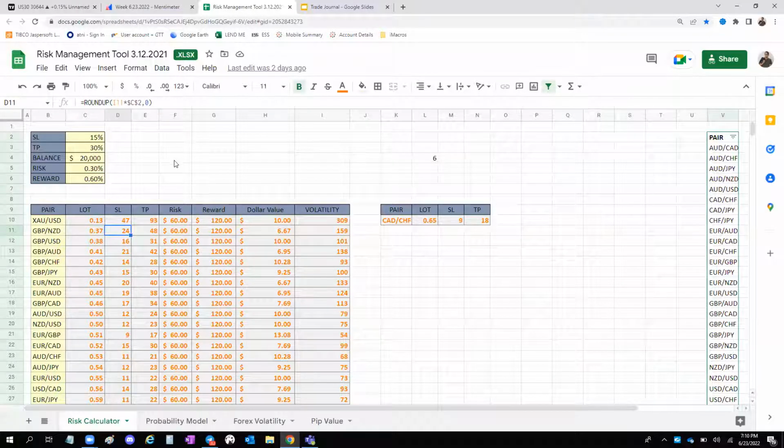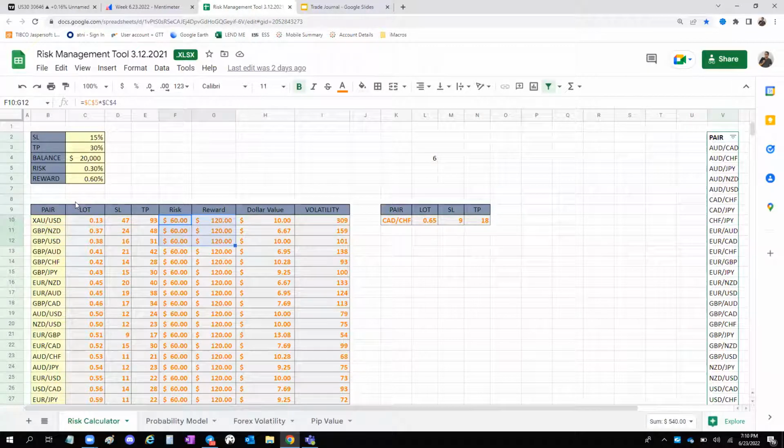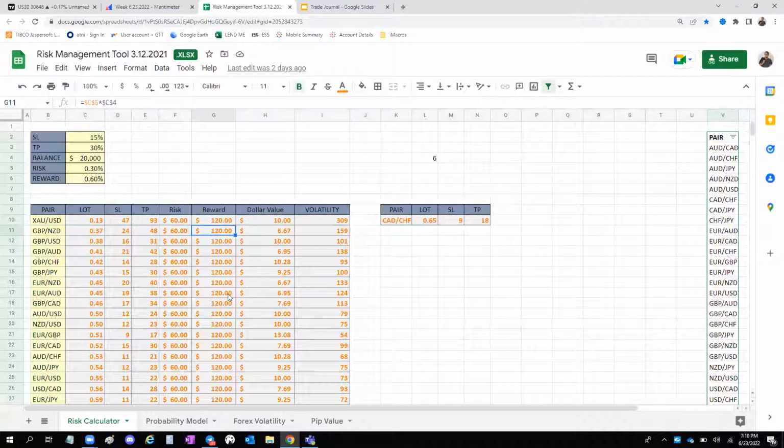This worksheet helps me to risk $60 on every trade, the most, and go for 120, the most, on every trade. So it doesn't matter if I'm trading gold and then I take a GBP NZD trade, all of my risk will remain the same. So if I lose a trade on gold and I have an opportunity on GBP NZD and I win that trade, I would have recovered what I lost on gold plus made $60 profit, right?